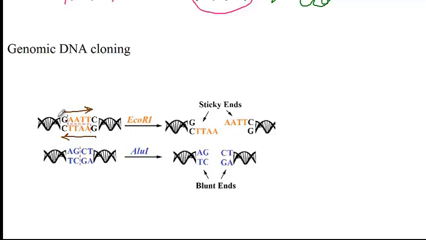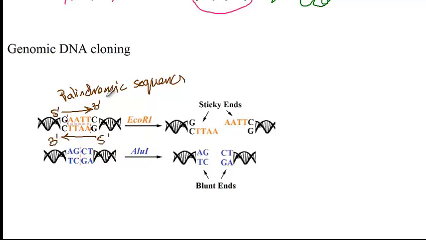So both directions give us the same DNA sequence, and these are called palindromic sequences, meaning that the nucleic acid sequence on the double-stranded DNA in a 5' to 3' direction reads the same for both strands.